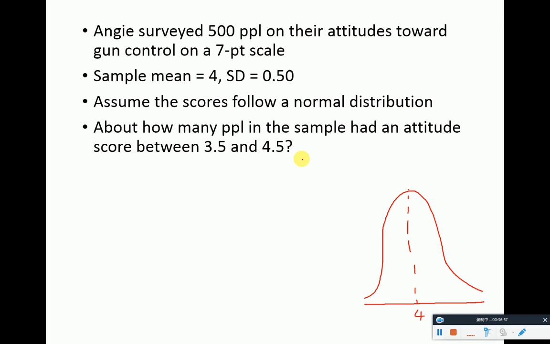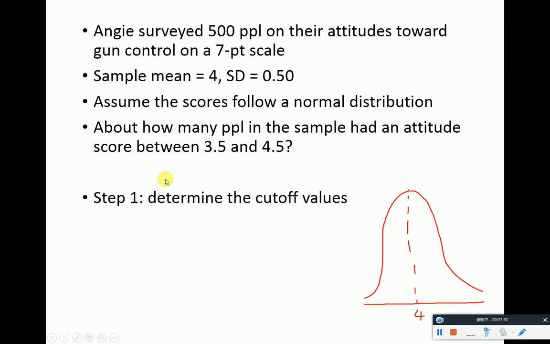So first of all, we should find out where 3.5 and 4.5 are on this distribution. That is our first step. We should establish the cutoff values, because the cutoff values will allow us to establish boundaries to help us determine the area of a shaded part. We need boundaries to first specify the part whose area we want to find out.